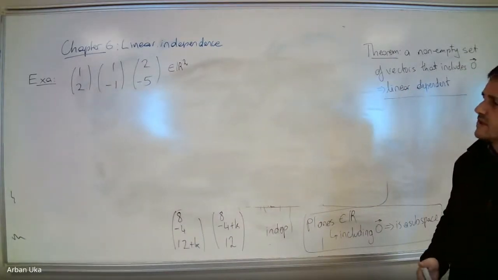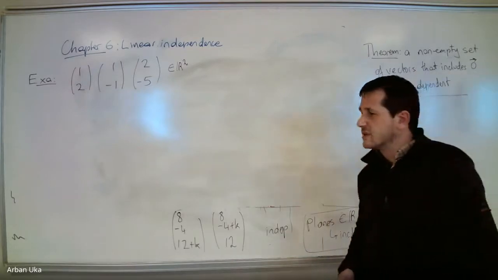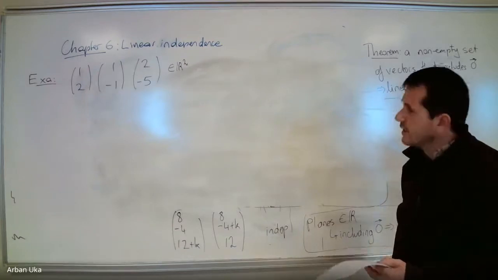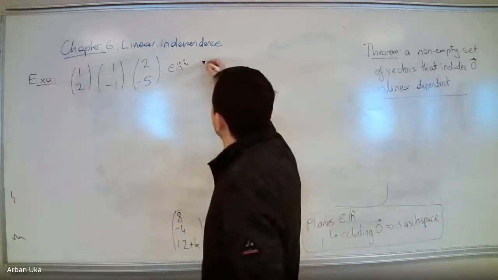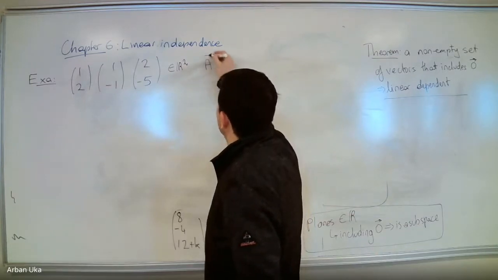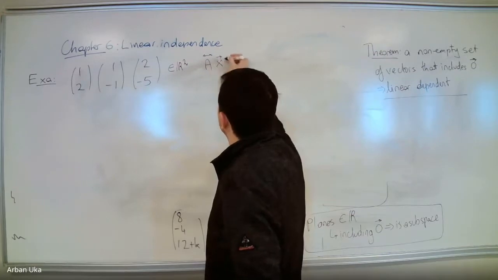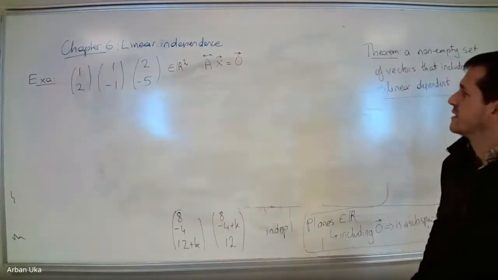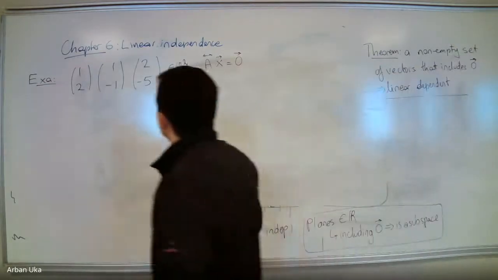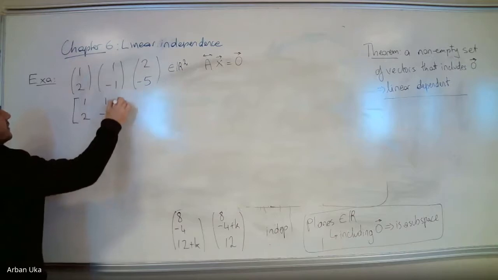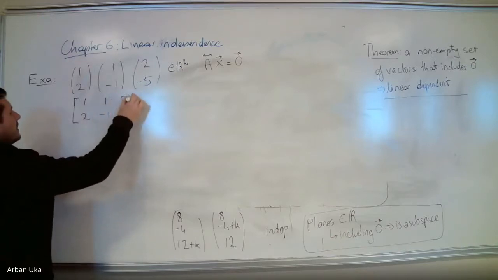But now, just to remind what we did in the previous sessions, how would we determine the linear dependence of these? We can formulate the question as follows. We can say A times X equals 0, and then we can try to solve for X, right? How can we pose this problem then? The coefficient matrix is going to be [[1, 1, 2], [2, -1, -5]].